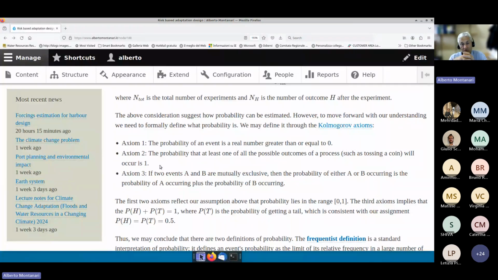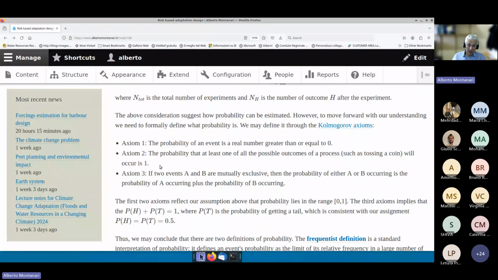Axiom 3, if two events A and B are mutually exclusive, then the probability of either A or B occurring is the probability of A plus the probability of B. The first two axioms basically reflect our assumption that probability lies in the range 0, 1. If you put them together, you obtain that probability is in the range 0, 1.